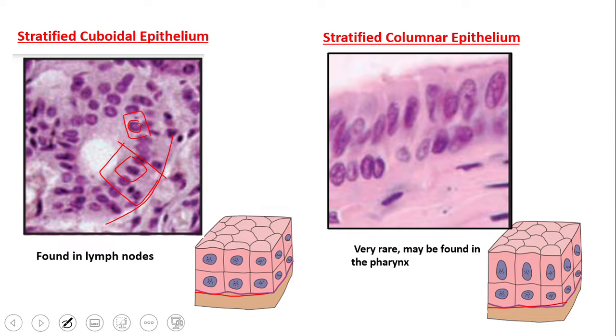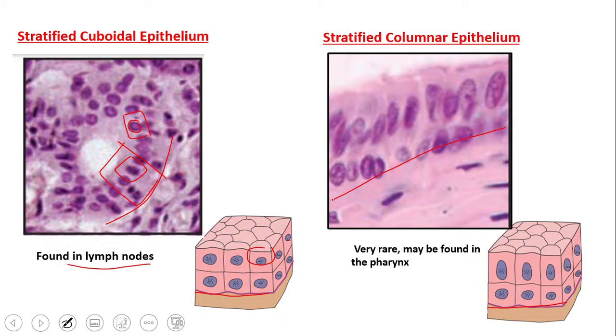We agreed that if the nucleus is circular, then the cell is cuboidal. So this is stratified because there is more than one layer of cells above the basement membrane, and the top cells are cuboidal, so stratified cuboidal epithelium. This is found in the lymph nodes.